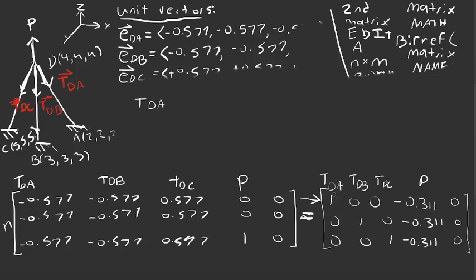We're going to have 1 times TDA, minus 0.311 times P. And then let's picture an equal sign going between all of these, even though there isn't one. It's going to be equal to 0. Does that make sense? Okay. So this is how we're going to write out all of these.